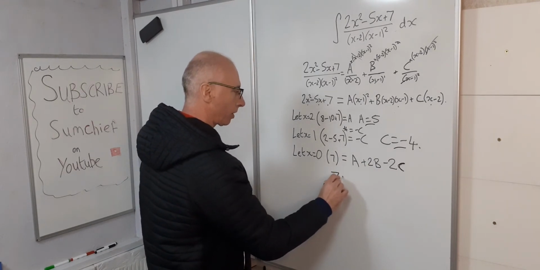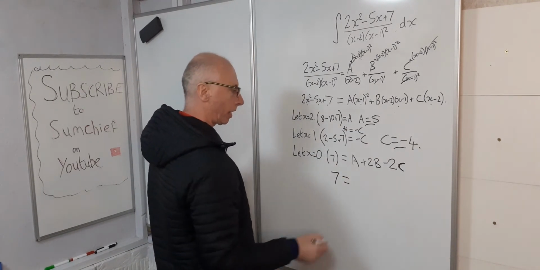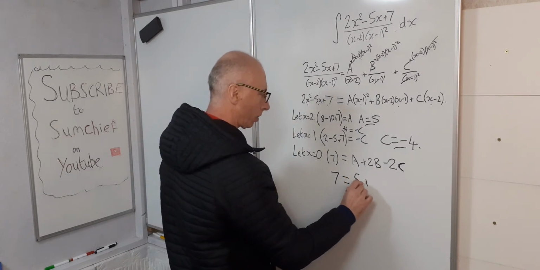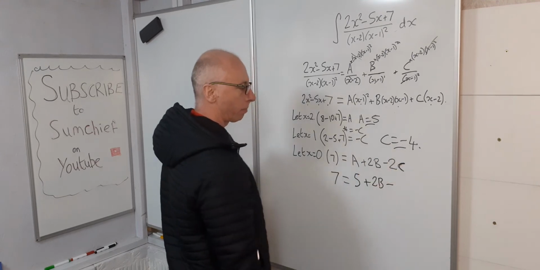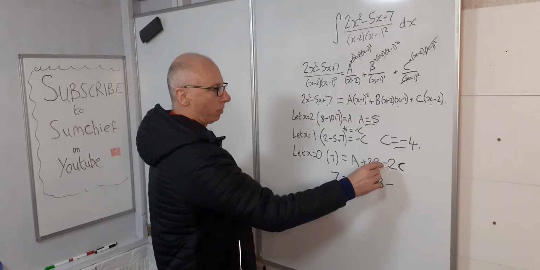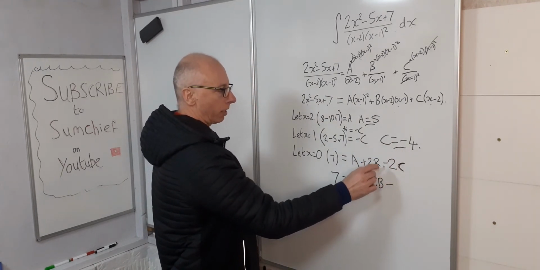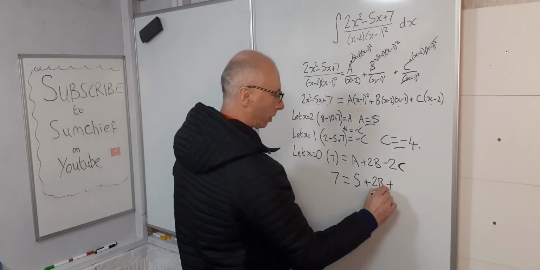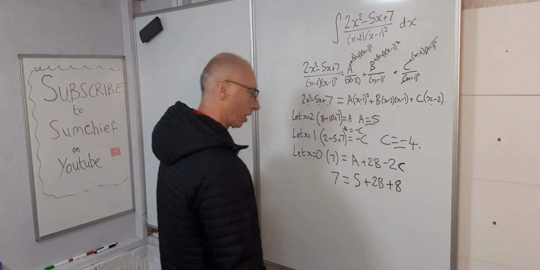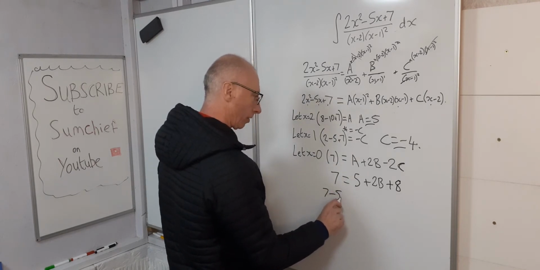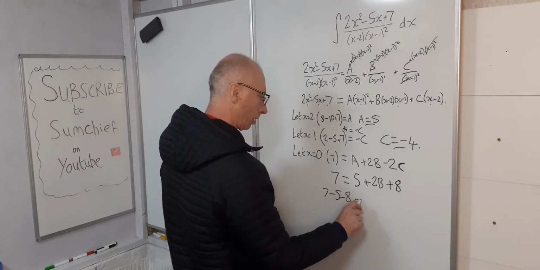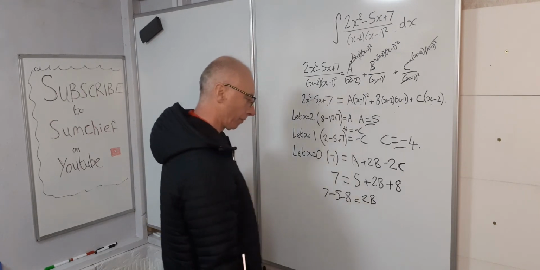So now what we got is 7 equals, a is 5, plus b we don't know yet, c we do know is minus 4. 2 times minus 4 is minus 8, minus minus 8, it becomes plus 8. Okay, so now we're left with 7 minus 5 minus 8 equals 2b.